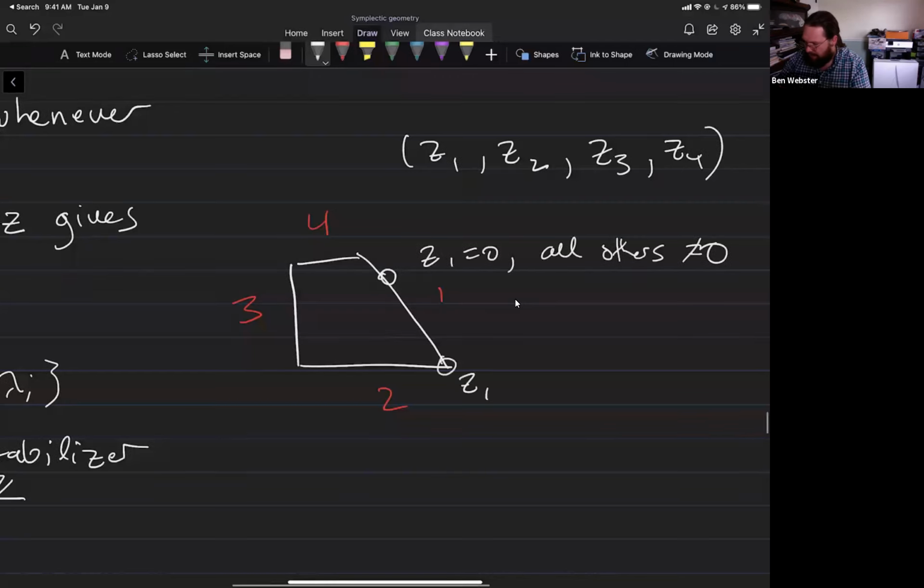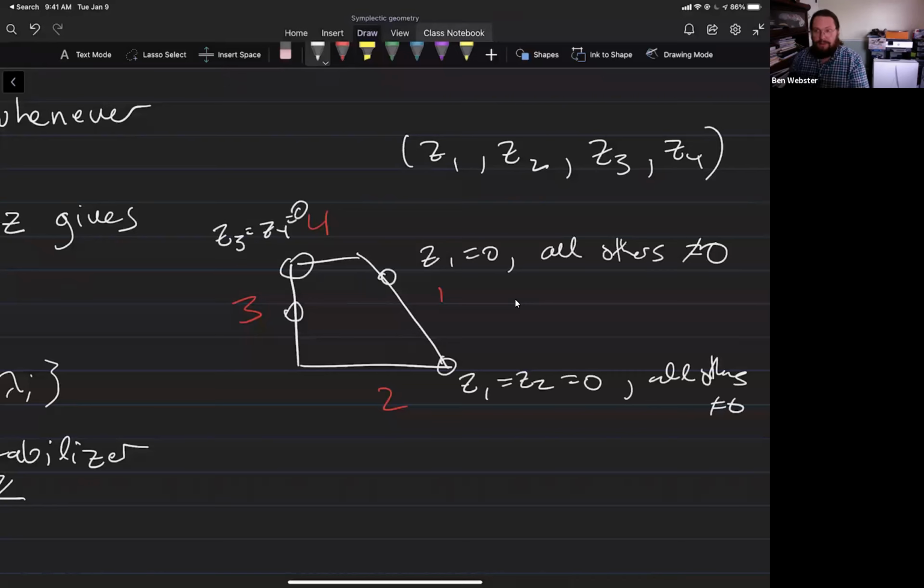If I have a point here, this means that Z1 and Z2 are 0, all others are not 0. And so on. So this is a point where Z3 is 0 and all the other ones are non-zero. This is a point where Z3 equals Z4 is equal to 0, but all the other ones are non-zero. And so just looking at the polytope, I can see this pattern of which points can be 0 at a given time.